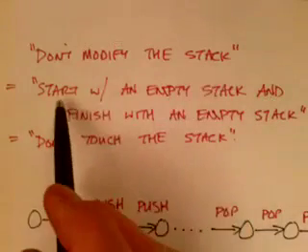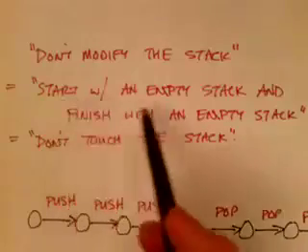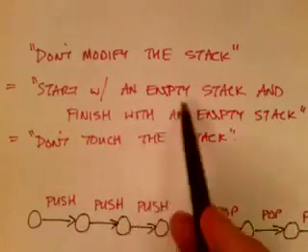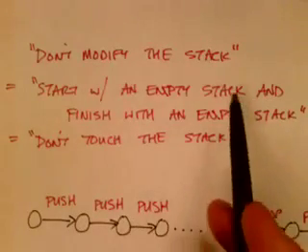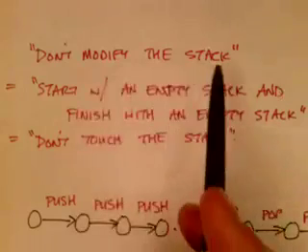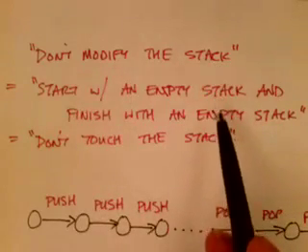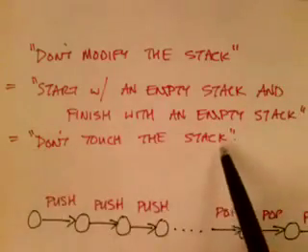So that sort of a computation, if you started it with an empty stack and you finished it with an empty stack, it would work just fine. Since it doesn't look below the current top of the stack, it wouldn't matter whether the stack was empty or contained some other stuff. So it doesn't touch whatever's on the stack.